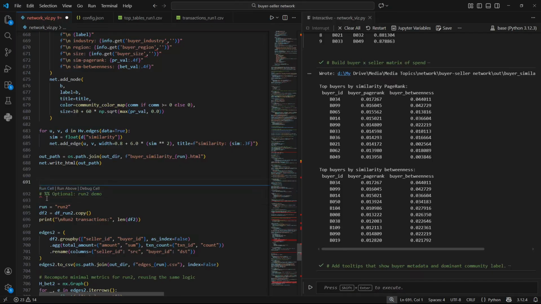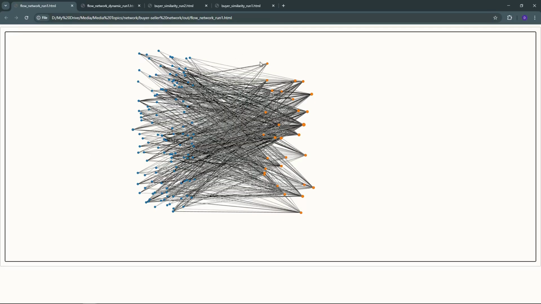One last thing, although you can also repeat the same thing with a more extensive data, which was our run 2, if you do, you should be able to find a different network format to your data. So let's have a look at what we created.